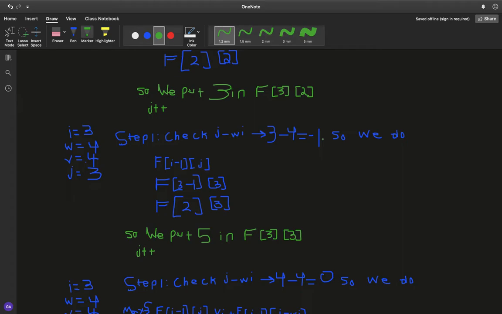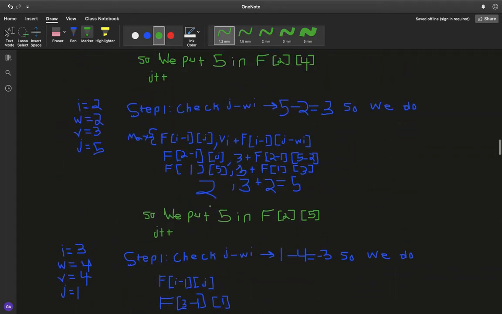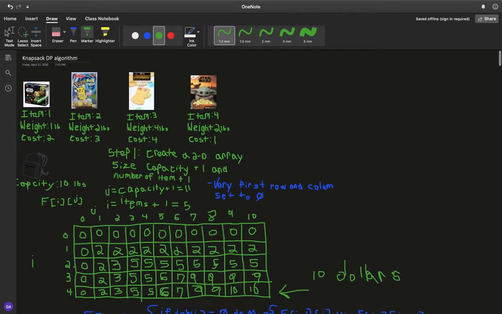So we do that second equation again. The only thing changing now is the j. So it'll be f sub 2 of 3. We'll go back up here and check. F sub 2 of 3 is 5.